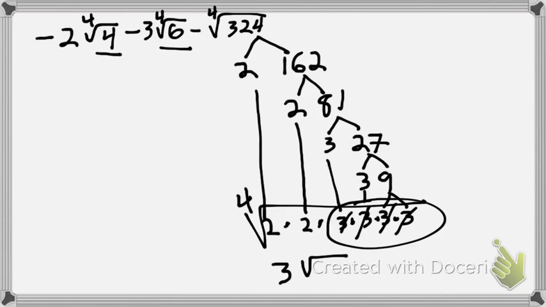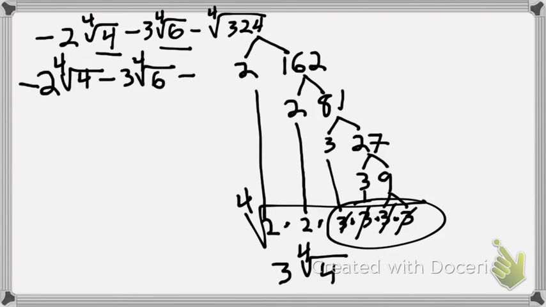Just multiply them together. So that's 2 times 2. That gives us 4. So the 4th root of 324 simplifies to 3 4th roots of 4. So now, look, we have negative 2 4th roots of 4 and negative 3 4th roots of 4.